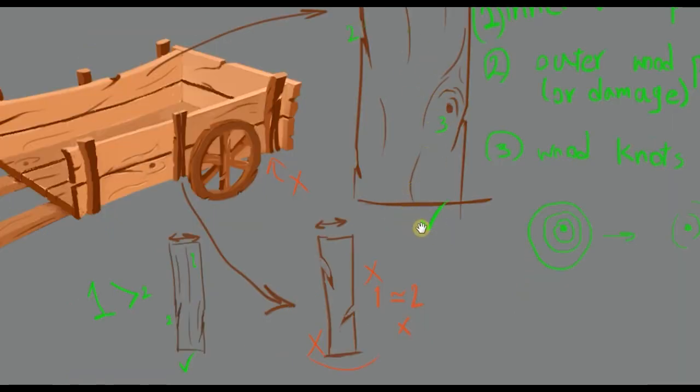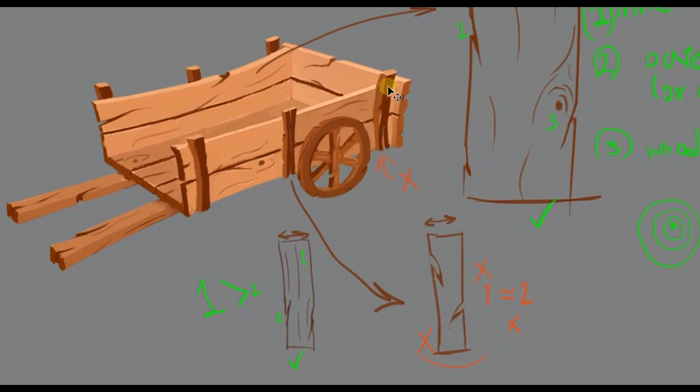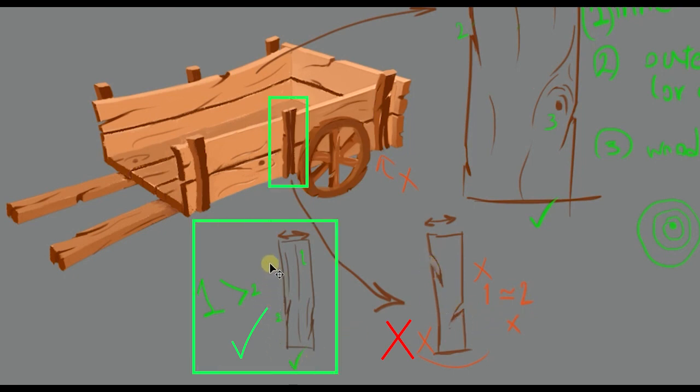And for this part, wood plank with narrow widths, avoid drawing inner wood pattern and outer wood pattern at the same size. Instead, draw long inner wood pattern like a long river and a small outer wood pattern like damage.